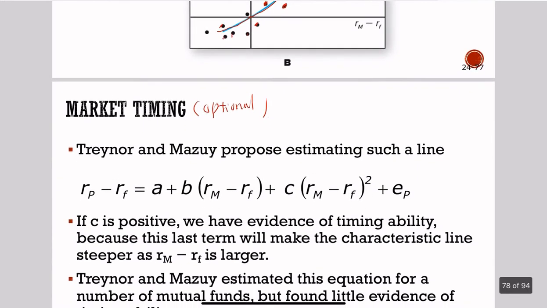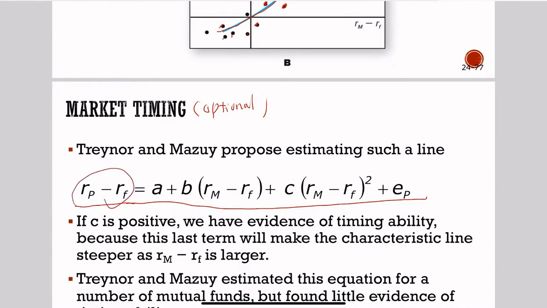And what you do is you will regress an equation like this. So this is the excess return of portfolio P, and this is the excess return of the market index. And A, B, C are just numbers, right? These are just the numbers you can find out using linear regression.